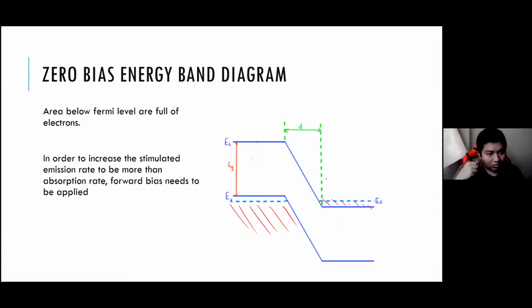So as I said before, in order to increase the stimulated emission rate, we need to put the forward bias.